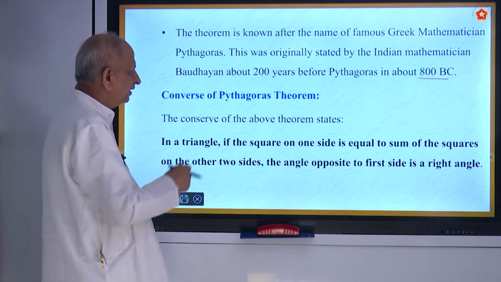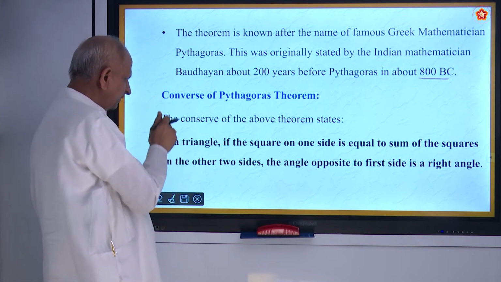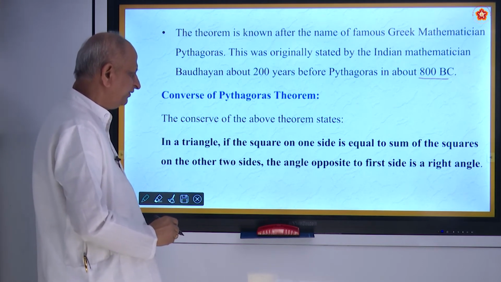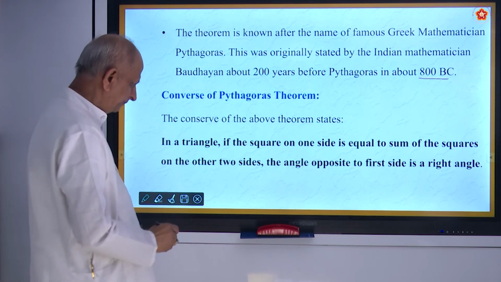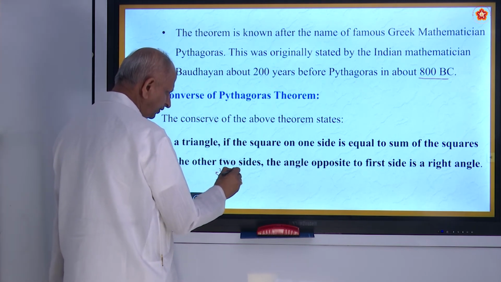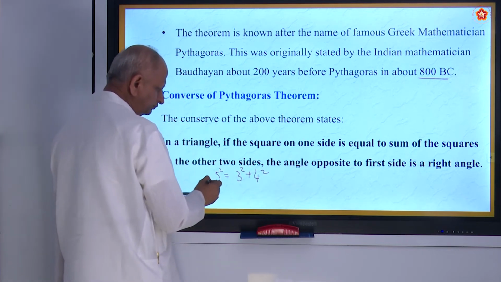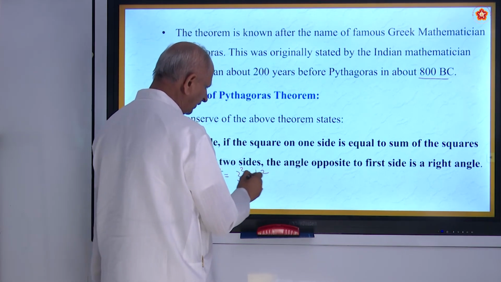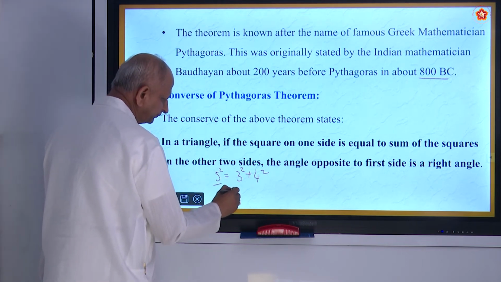Now, the converse of Pythagoras theorem. In a triangle, if the square on one side is equal to the sum of the squares of the other two sides, then the angle opposite to the first side is a right angle. That means, if 5 square is equal to 3 square plus 4 square, the square on one side, say 5 square, is equal to the sum of the squares of the other two sides, then the angle becomes 90 degrees.